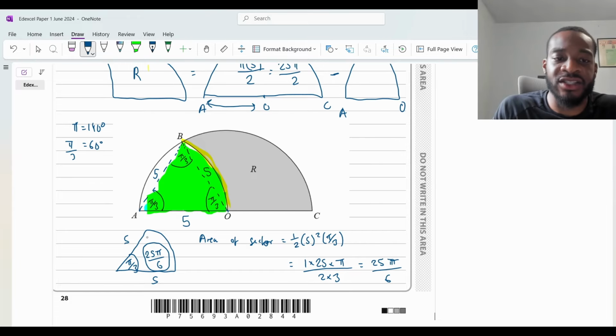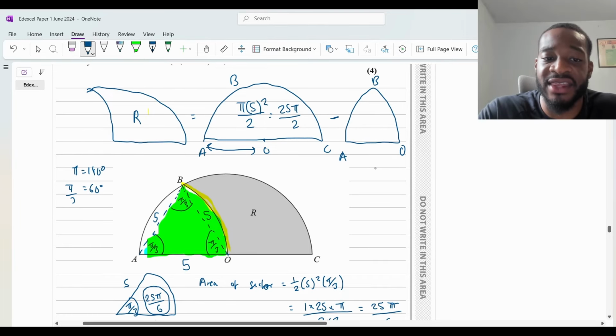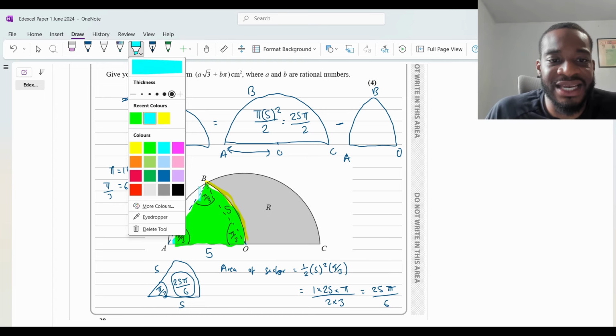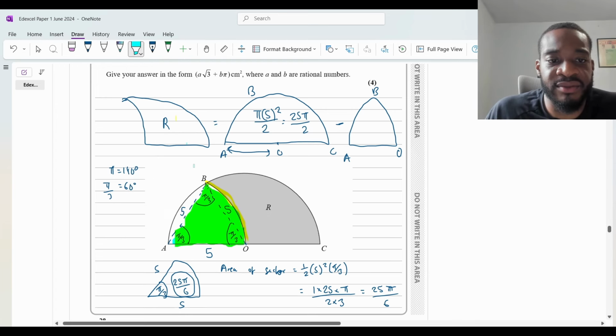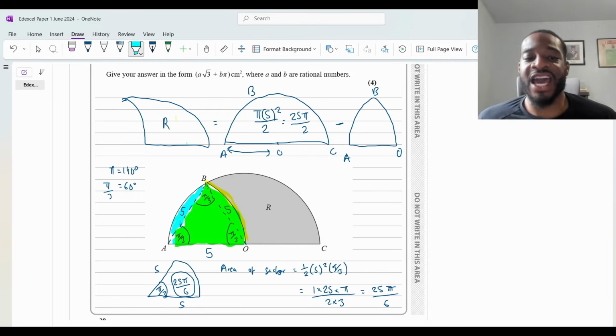Now, that sector is pretty much the majority of that area ABO, which is what we're looking for. However, it's not the entire thing, is it? What we need to work out now is this little section here, this little area here. If I could work out this area in blue and add it onto the sector, then that will give me the entire area, wouldn't it?